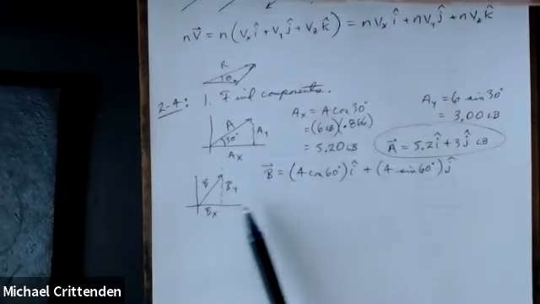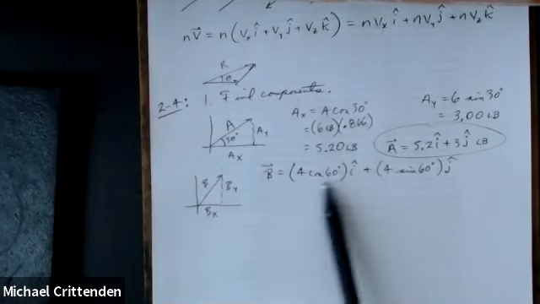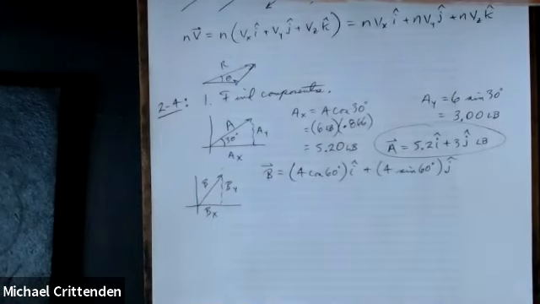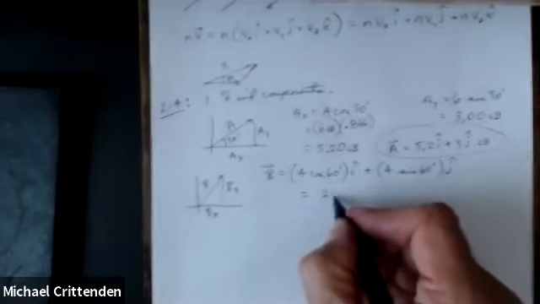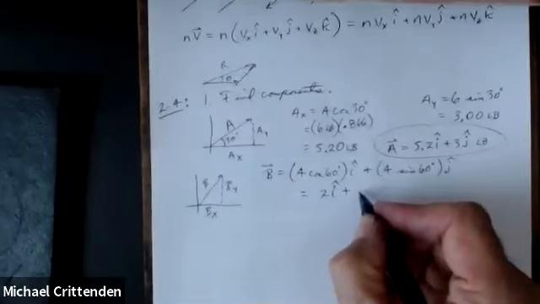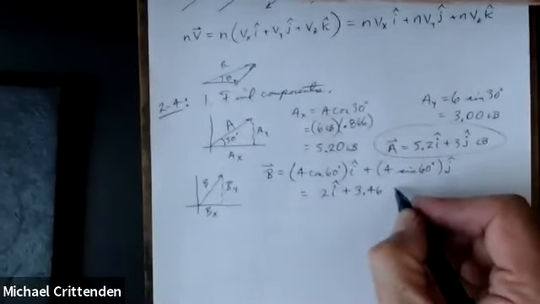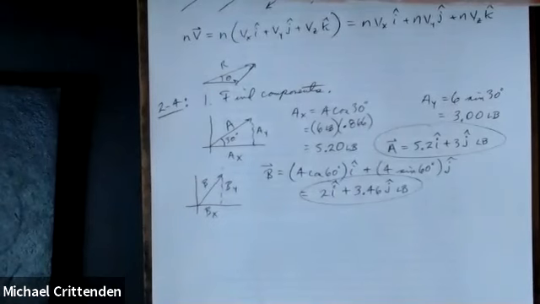So just like before, hypotenuse times the cosine of the angle gives you the x component. Hypotenuse times the sine of the angle gives you the y component. There's our second vector.